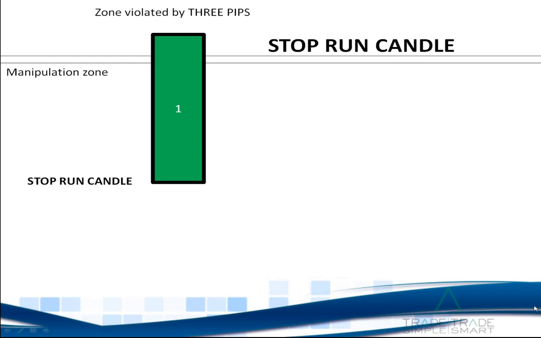As in this example, we see a solid green bar to the upside, which again has penetrated our manipulation zone by 3 pips. Again, we'll simply label this as number 1, and this will be our stop run candle. So very simple and very straightforward. The only criteria for the stop run candle is that it violates the identified area by 3 pips.